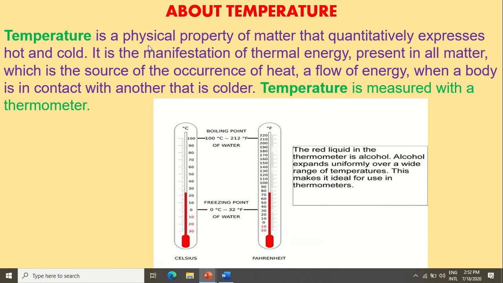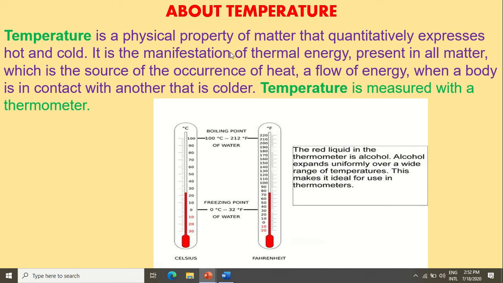Now we will learn something about temperature. What is temperature? You already know about it, because from standard 9-10 you have that concept. Temperature is a physical property of matter that quantitatively expresses hot and cold.